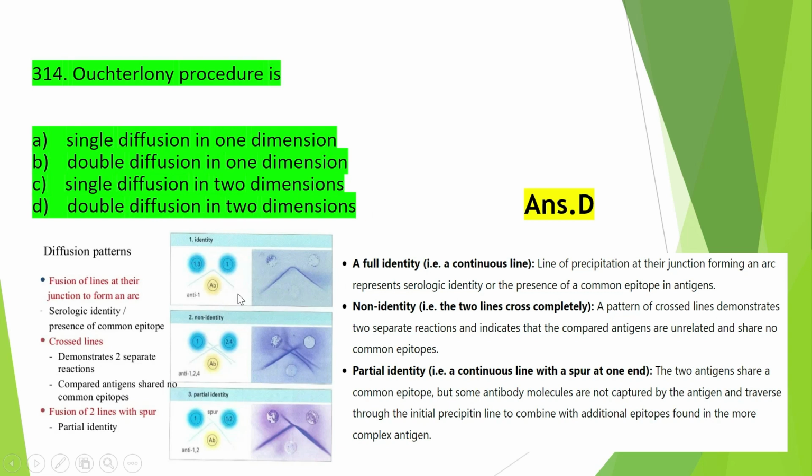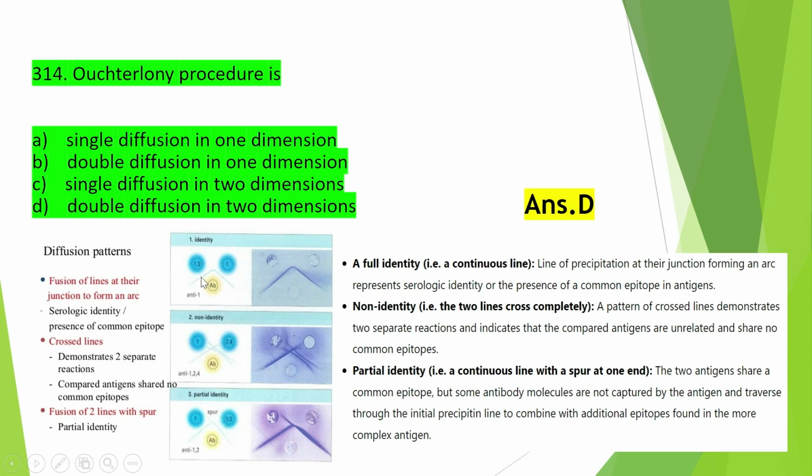So here in the Ouchterlony procedure, an antibody is placed in an agarose gel, and in two wells different types of antigens are added. So antigens will diffuse in this direction and antibody will diffuse here.